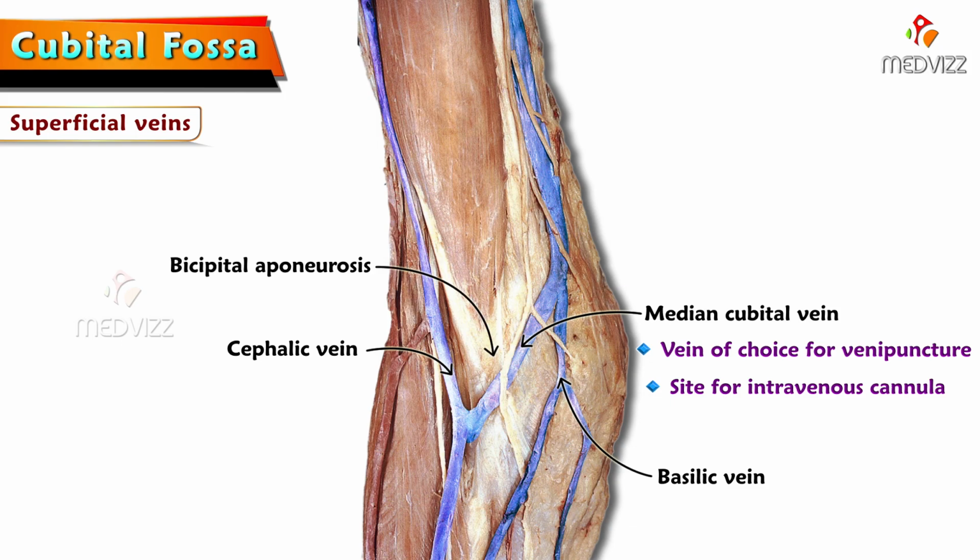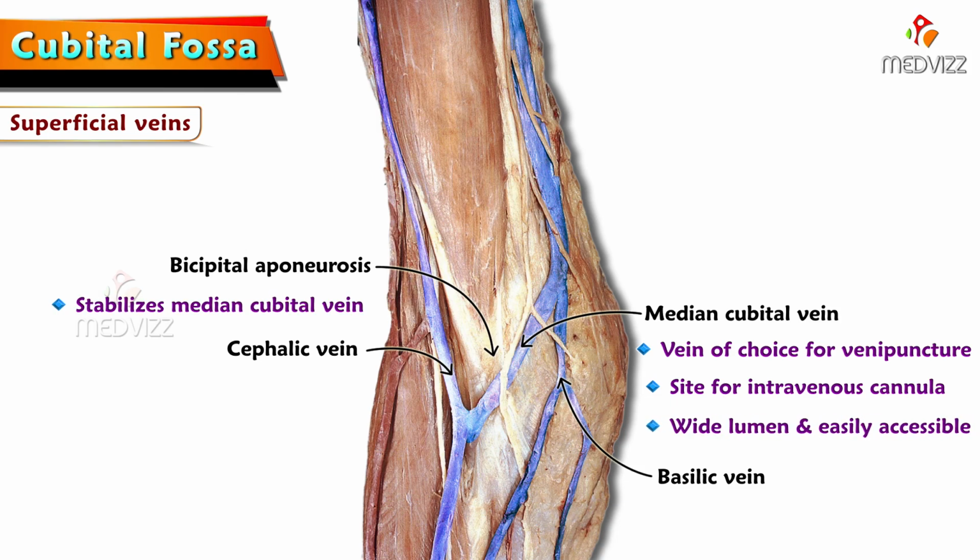And this bicipital aponeurosis stabilizes the median cubital vein, and the other reason is it has got a wide lumen and easily accessible. So these are the reasons for choosing the median cubital vein as the vein of choice for venipuncture.